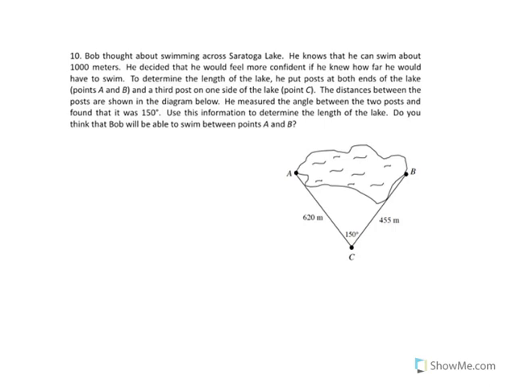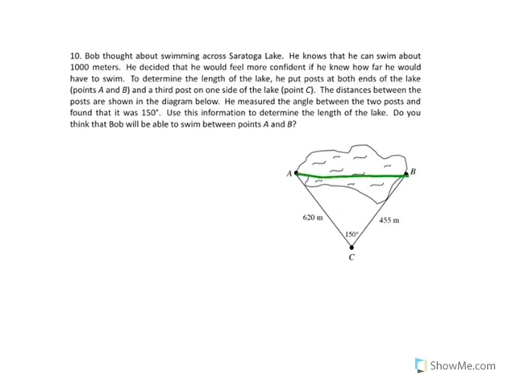To determine the length of the lake, he posts at both ends of the lake points A and B, and a third post on the side of the length, point C. The distance between the posts are shown in the diagram. He measured the angle between the two posts and found that it was 150 degrees. Use this information to determine the length of the lake.